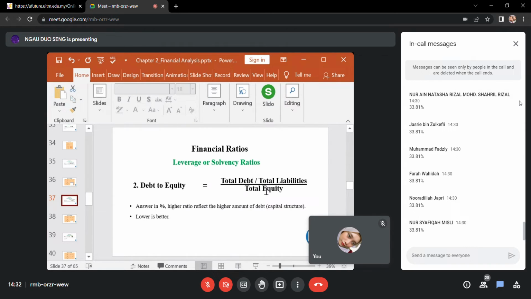Equity here refers to stock or shares. If this ratio is high, the debt is more as compared to equity. You check both in the balance sheet.